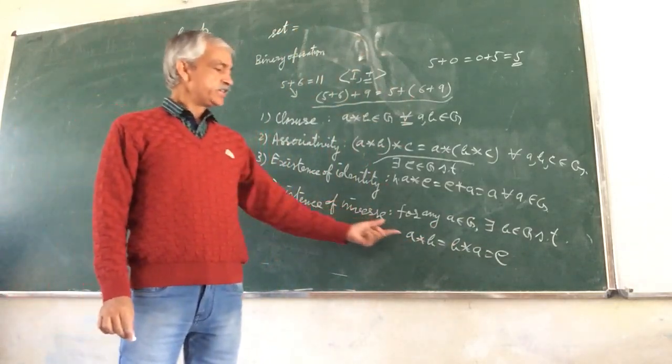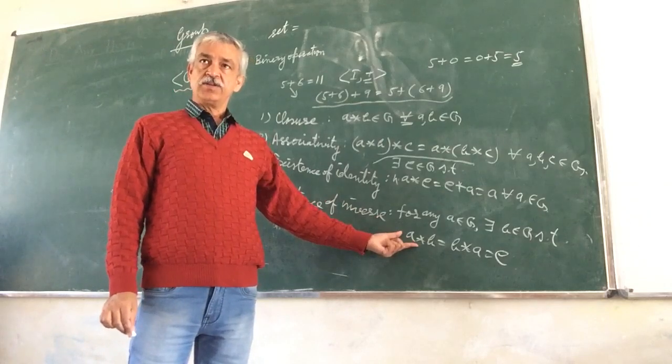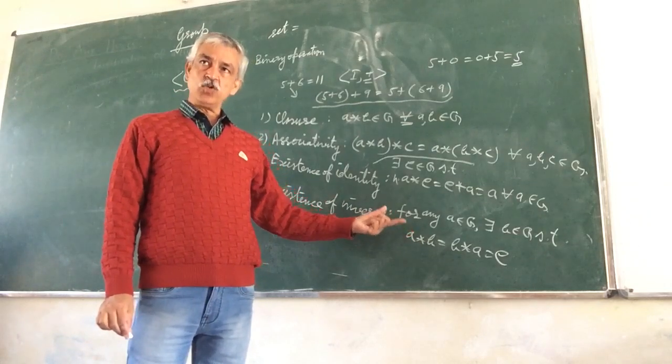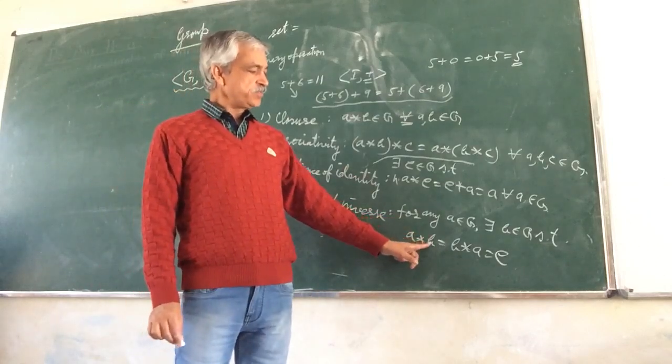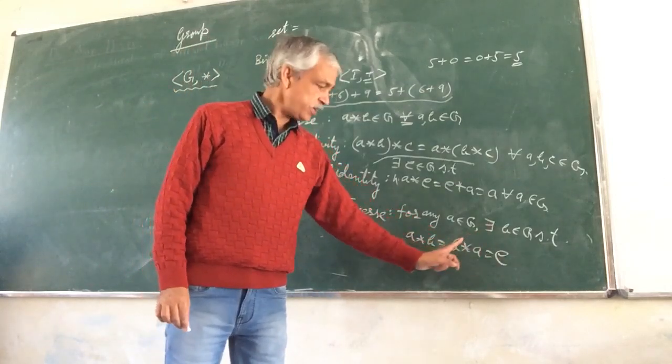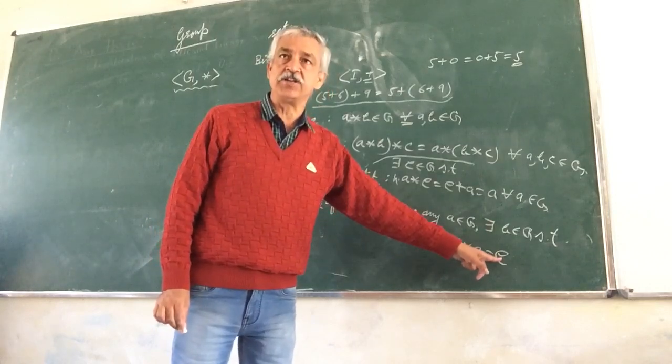This property is called existence of inverse. That is, if G is a group under the binary operation star, then A star B will always be equal to identity element, and similarly B star A will also be equal to identity element.